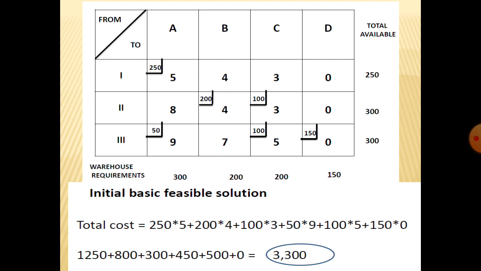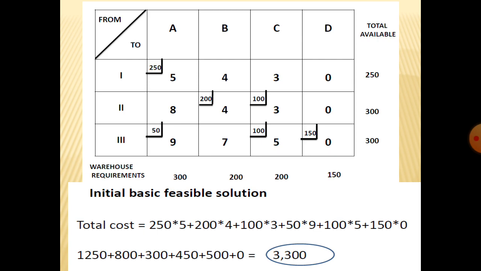Now you come to the third requirement. In the third requirement you have to allocate, the balance of 50 is available. You have to allocate 50 as much as possible. The availability of B station is already satisfied, so we need not allocate here, and it will go to the 100.